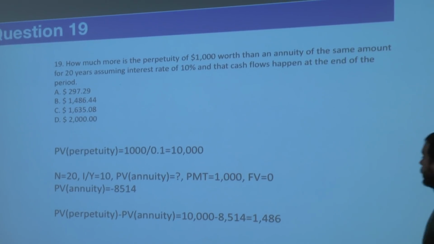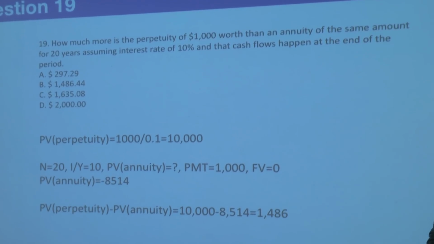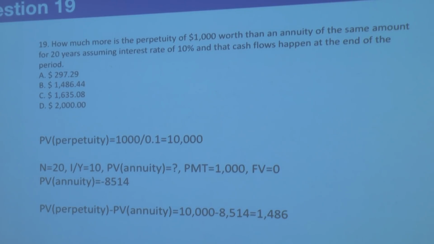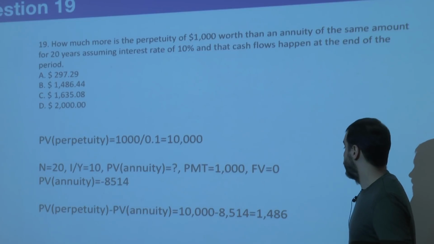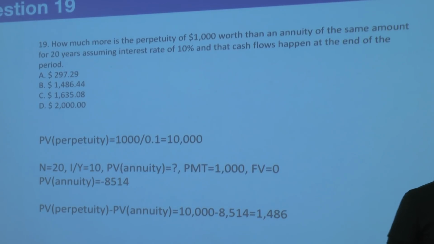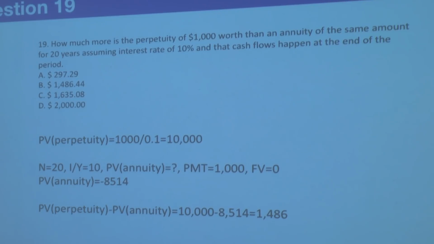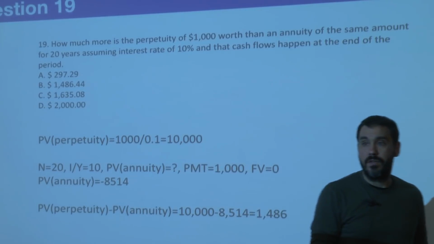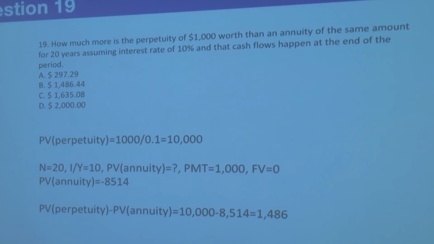So the difference is $1,486. It's not that much relative to the value of the perpetuity itself. Like the first 20 years, as you see, are 85% of the value of the whole stream of payments.